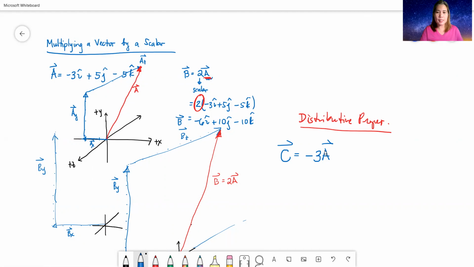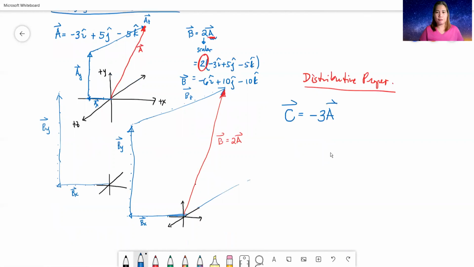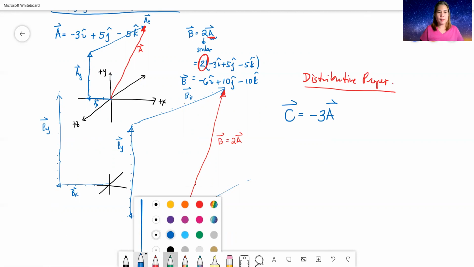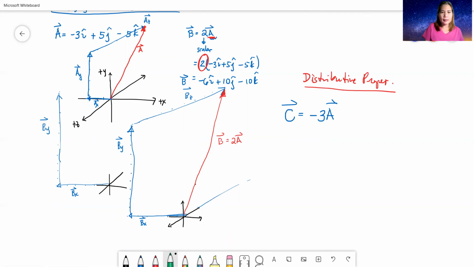So if A originally is in that direction, then the negative will flip the direction of A by 180 degrees. So we are expecting that vector C would be 3 times as long. So let's just say 1, 2, 3. So more or less, this is vector C, which is negative 3A.